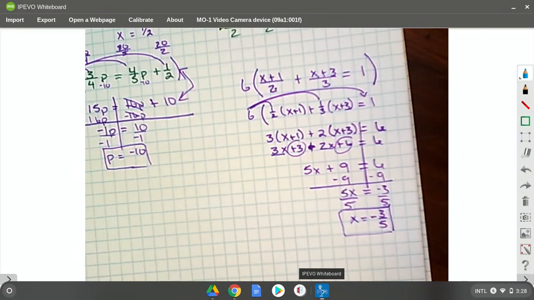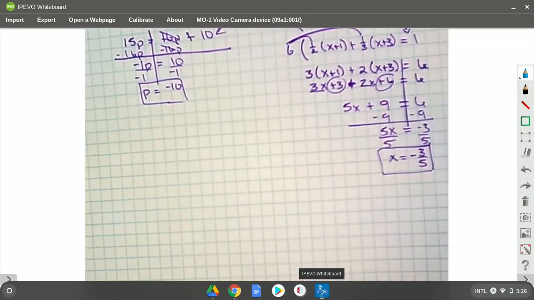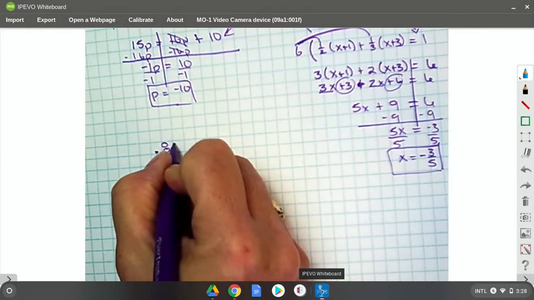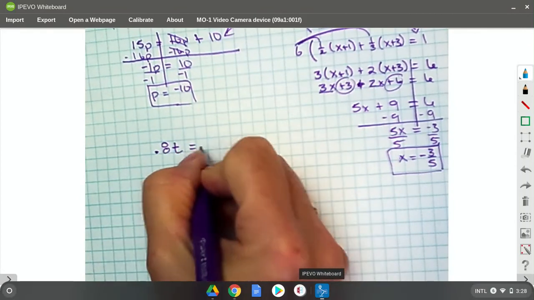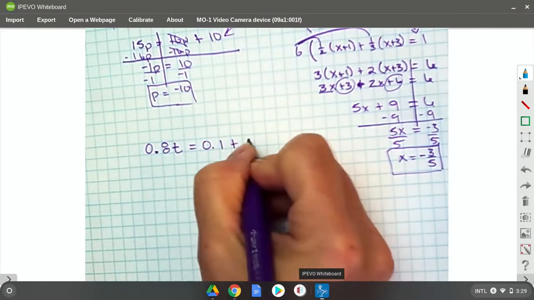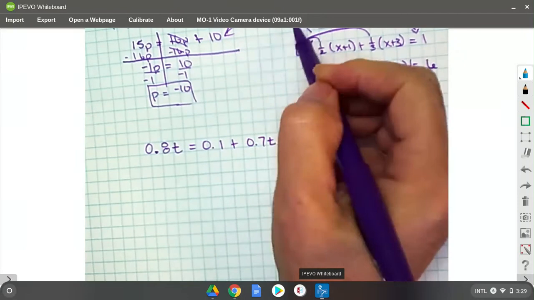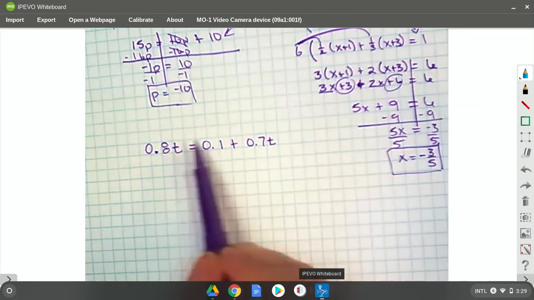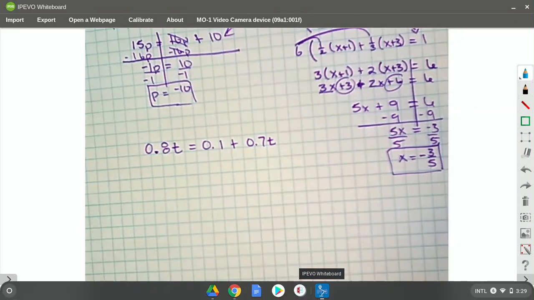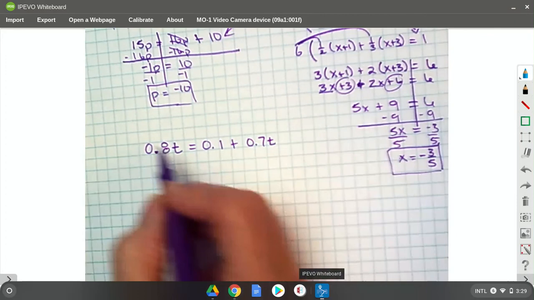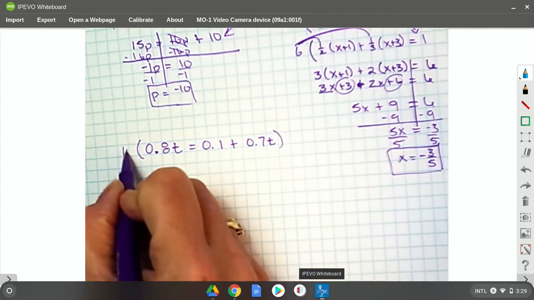All right, before I leave this objective, I'm just going to talk one more problem. What if instead of fractions, I have decimals? This whole same least common denominator business will work for this. This is 8/10, 1/10, 7/10. So the least common denominator for 8/10, 1/10, and 7/10 is, you guessed it, a 10.